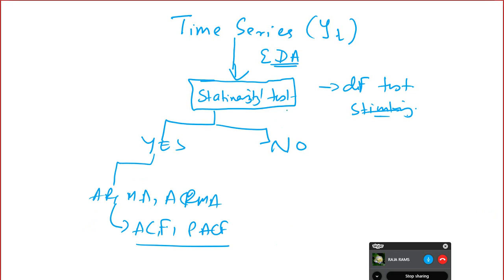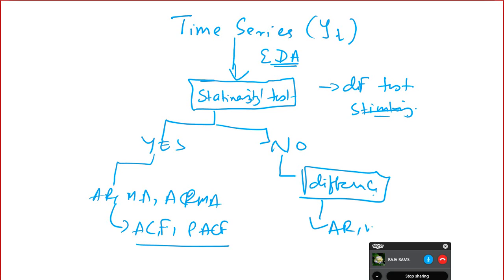If it is non-stationary, then do differencing, and then use AR, MA or ARMA.